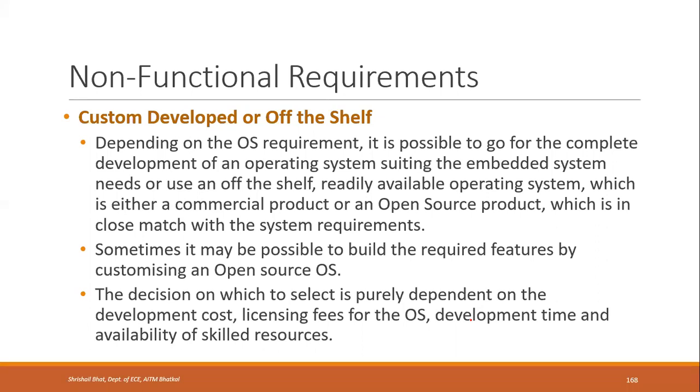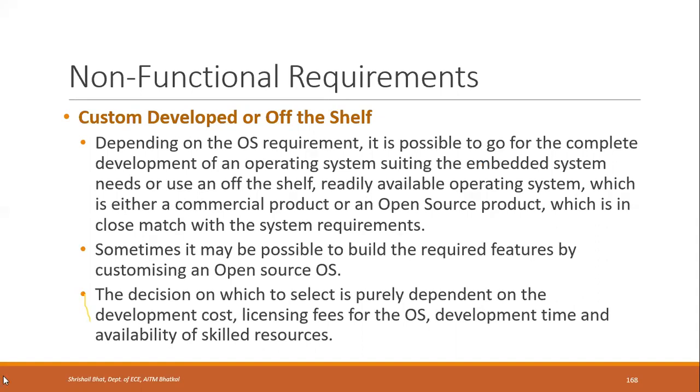Depending on the OS requirement, it is possible to go for the complete development of an operating system suiting the embedded system needs, or use an off-the-shelf readily available operating system, which is either a commercial product or an open source product which is in close match with the system requirements. So you can start from scratch and build an operating system, or you can have a readily available operating system and use it.